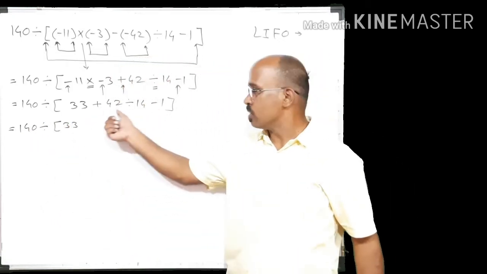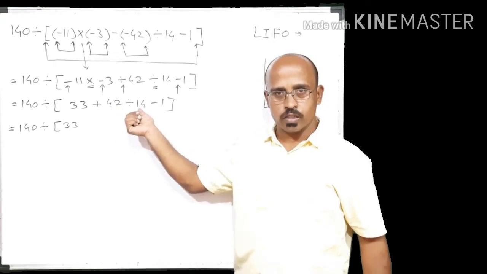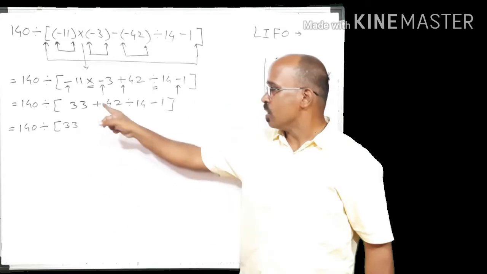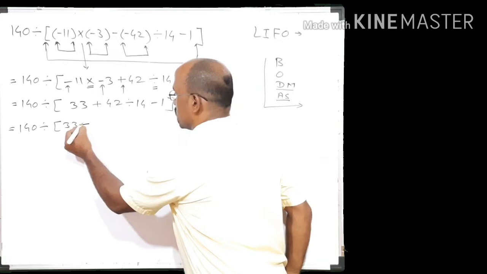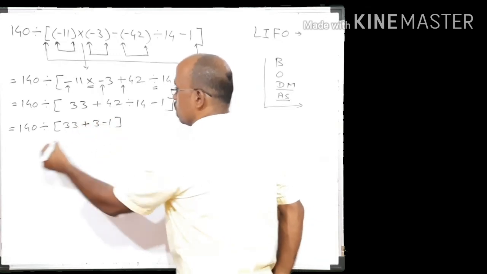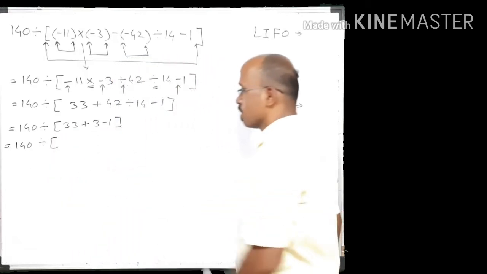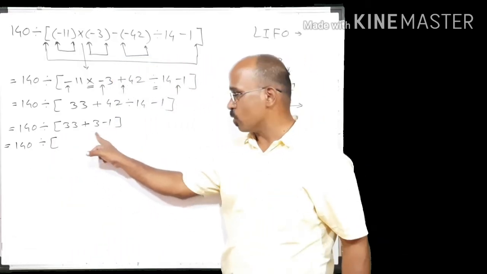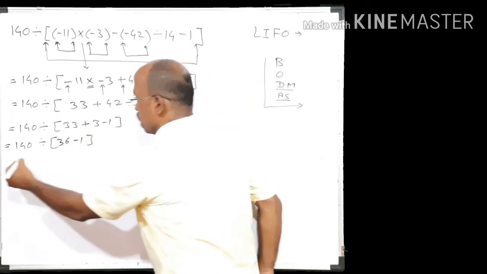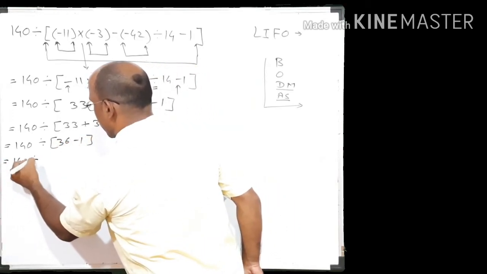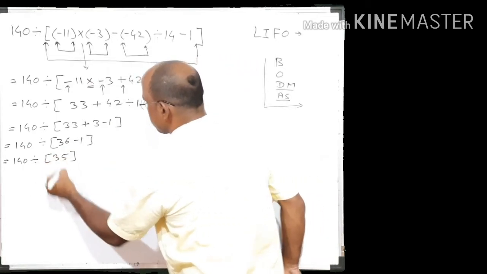In this, division is having highest priority, so let's divide. 42 divided by 14, 3, plus 42 plus 14 plus 3. So 33 plus 3 minus 1, which is nothing but 140 divided by, into the bracket, addition subtraction, leftmost first, 36 minus 1, which is nothing but 140 divided by 36 minus 1, 35.